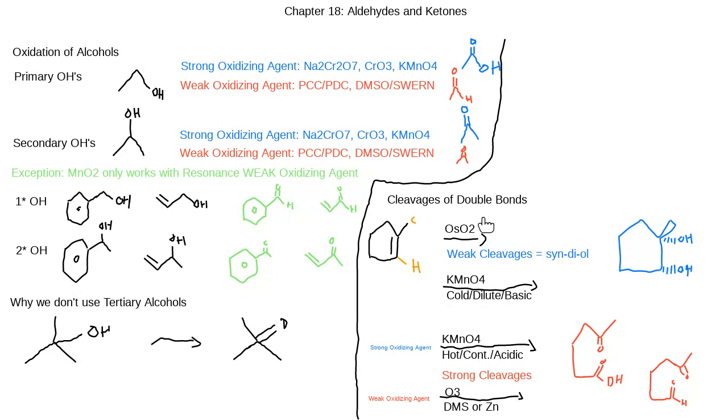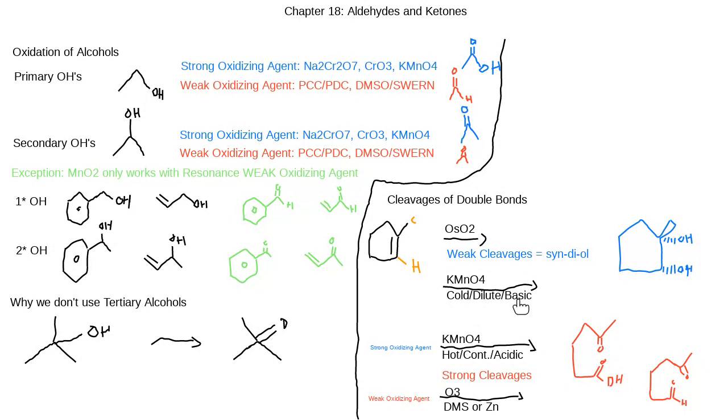All right, so I'm going to quickly refresh just this part, and then I'll move on. So we have 4 cleavages, 4 reagents, reactions, 2 of each kind. We have weak cleavages and strong cleavages. These are the reagents for weak cleavages: OsO4, KMnO4, with cold, dilute, basic conditions.